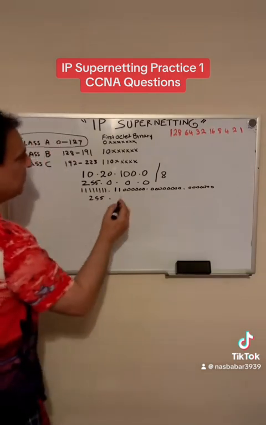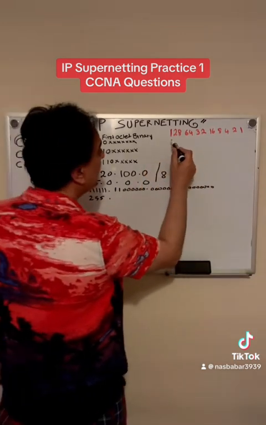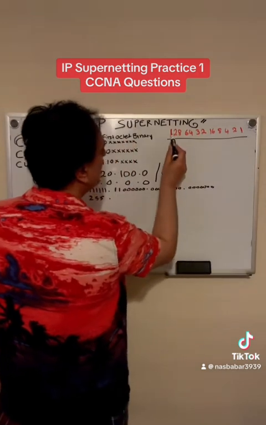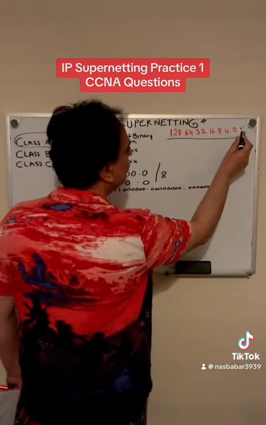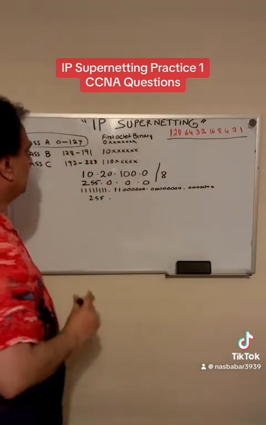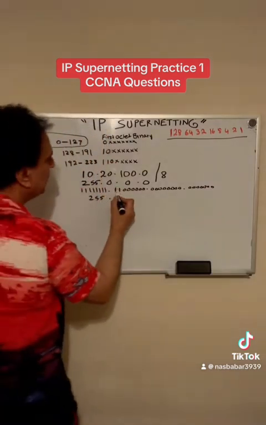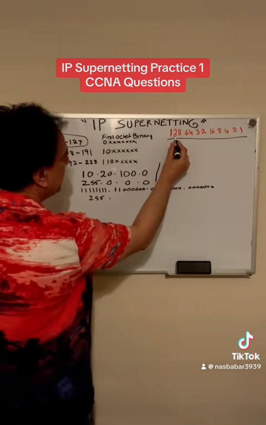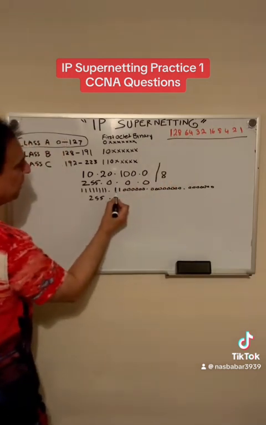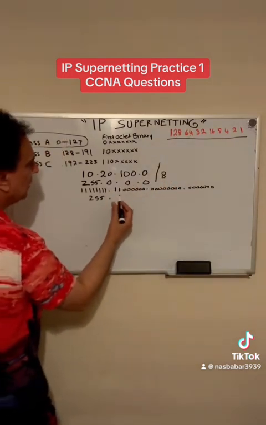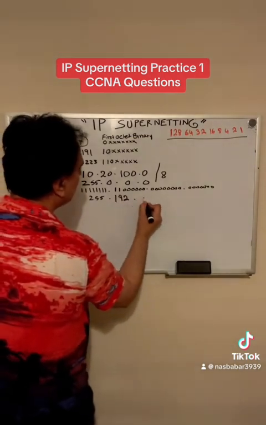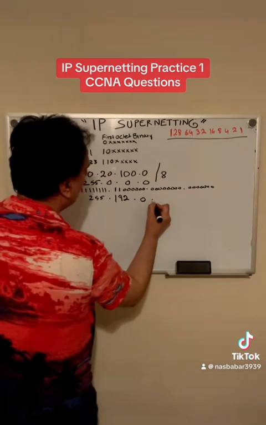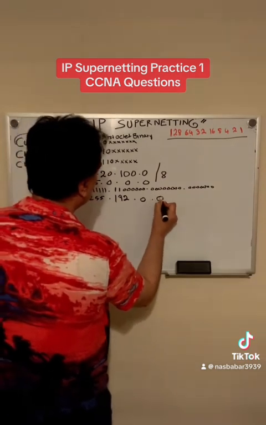This will become, if you still have my reference cheat sheet, 128, 64, 32, 16, 8, 4, 2, 1. Always keep that. If I convert this into decimal, 128 plus 64, I have 2 bits on, 2 ones, so that becomes 192. And this stays 0, and also this stays 0.